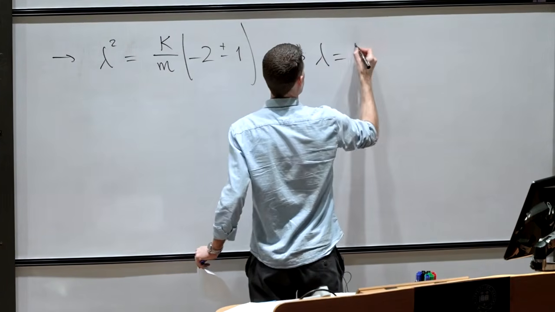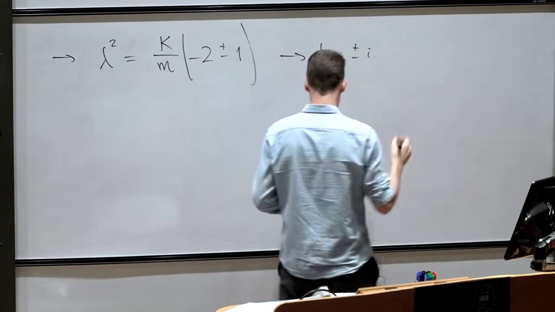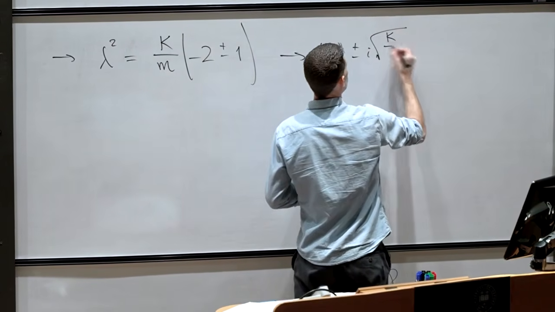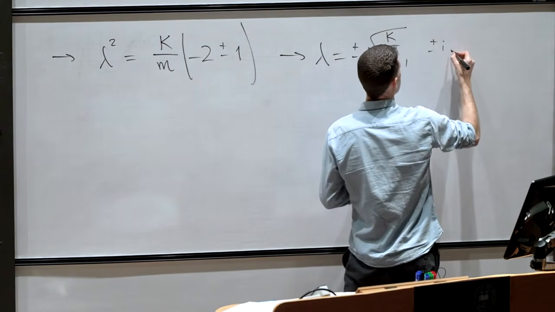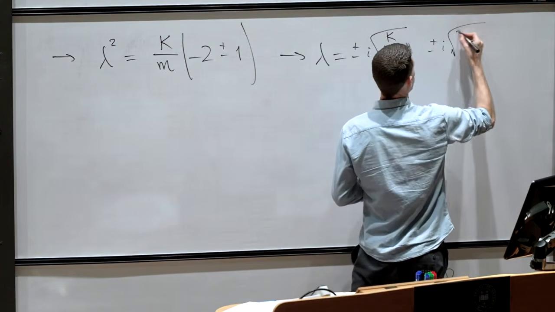So lambda is plus or minus i times root k over m, and plus or minus i times root 3k over m.